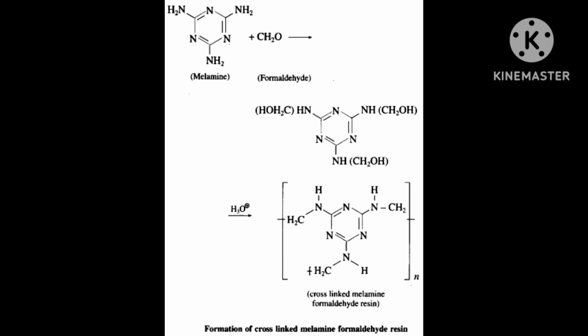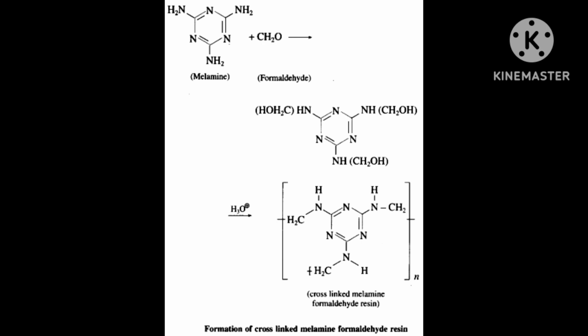Then the next chain will join through the carbon having H. You know that at each carbon hydrogen is there. Where CH2OH is not joined, that carbon has hydrogen. Then that hydrogen will react with OH and form water.